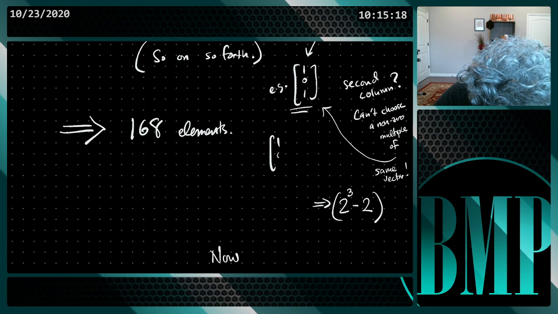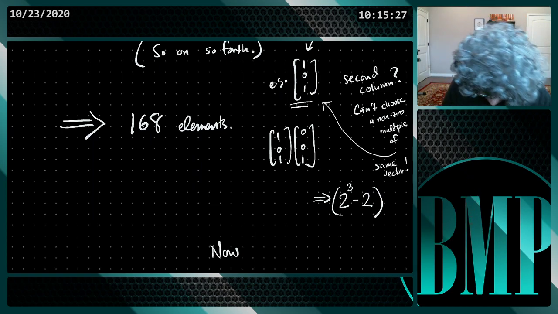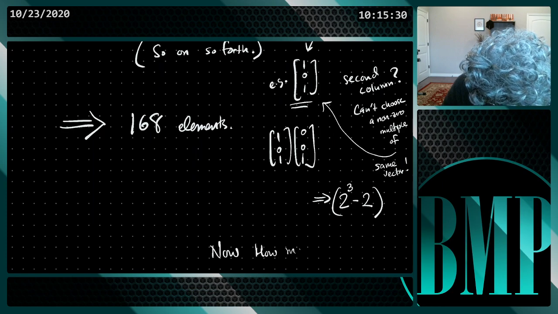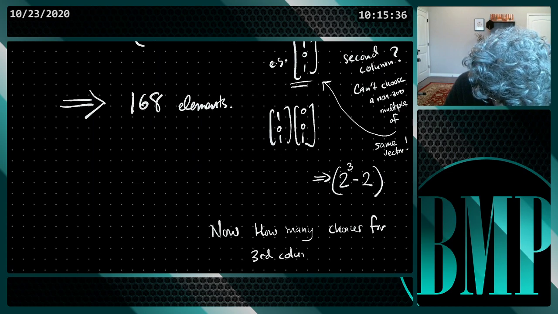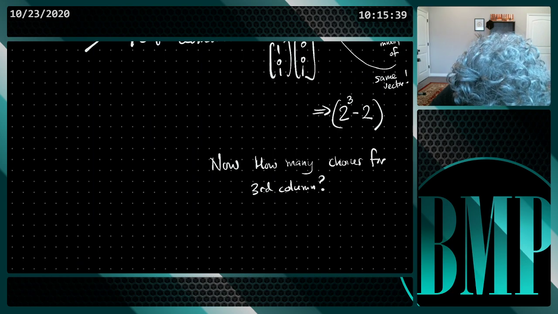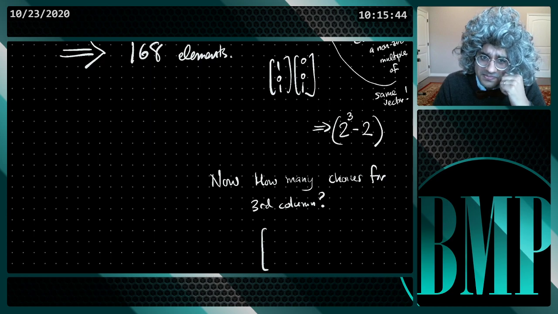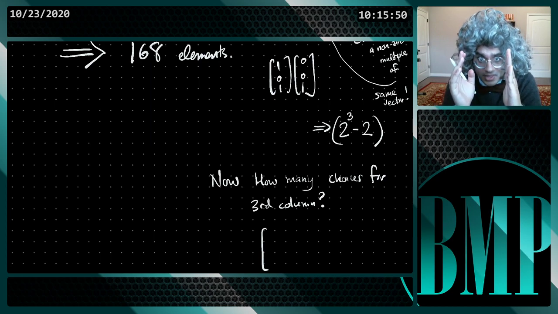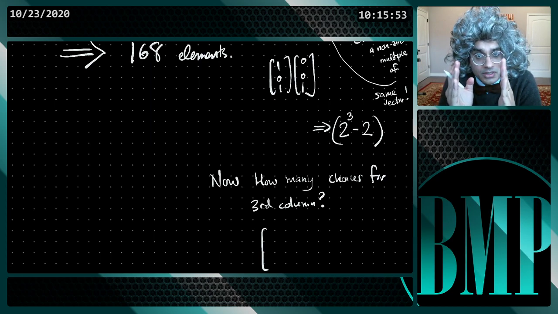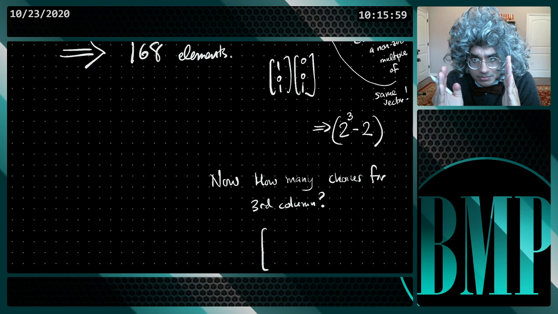Okay, let's say you chose 1, 0, 1, and then 0, 0, 1, for example. What can you choose for the third column? Well, you can choose any element which isn't a sum of these two, or one of them, or the other one, or 0.